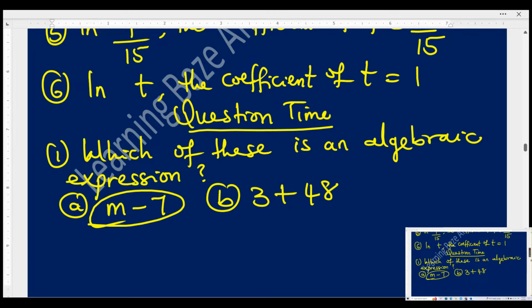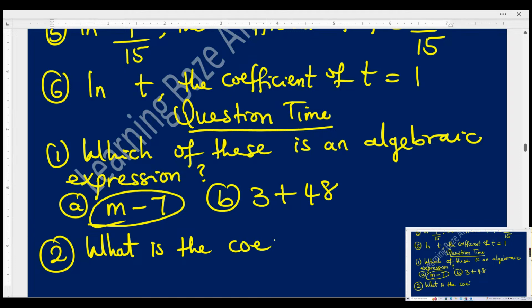Now, the second question. What is the coefficient of m in m over 10?